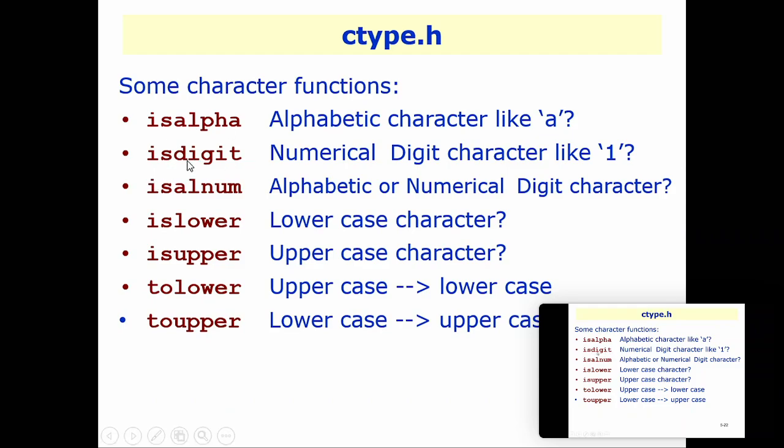isdigit is also asking. Now you can catch what this function is doing. If the input is a numeric number, it returns 1. Otherwise, it returns 0. isalnum means alphabet and numeric, so a combination of these two functions.